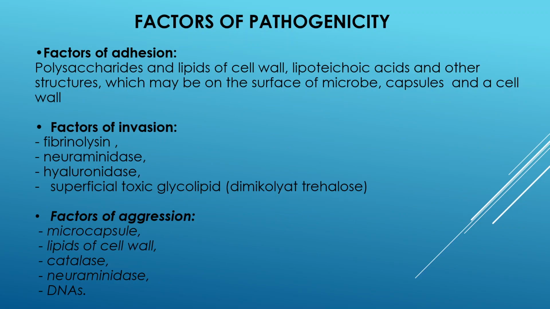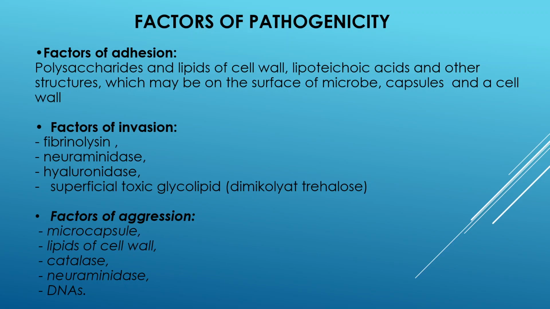Factors of pathogenicity or virulence factors. Factors of adhesion: polysaccharides and lipids of the cell wall, lipoteichoic acid, and other structures which may be on the surface of the microbe, capsules and cell wall.